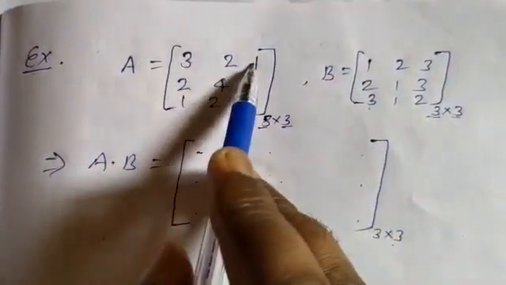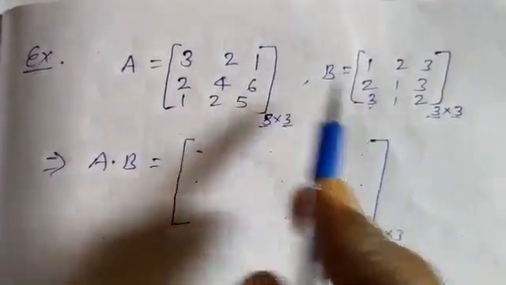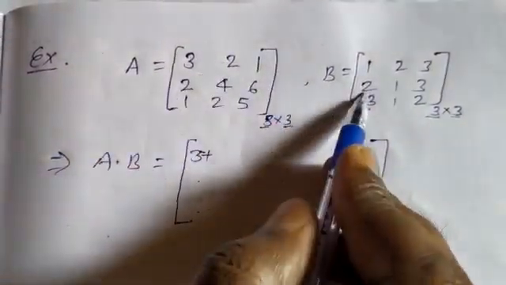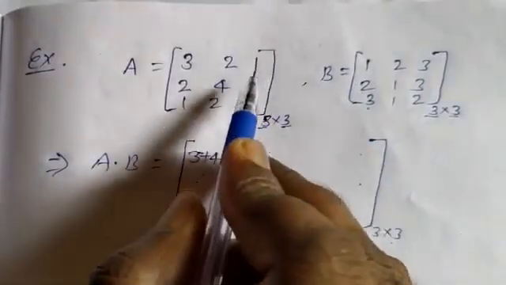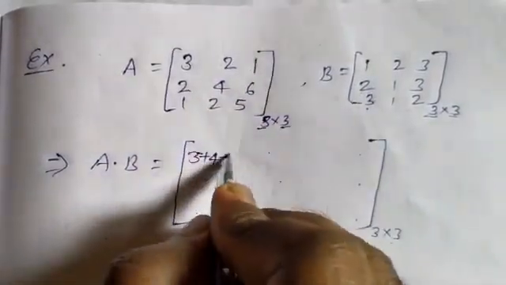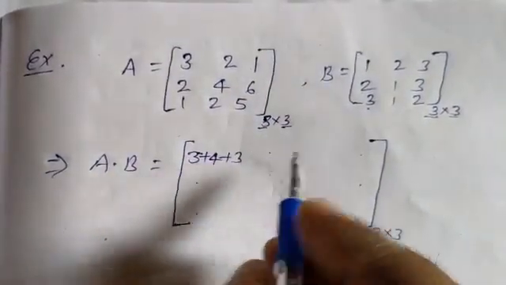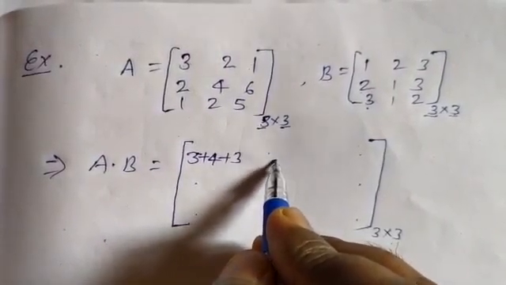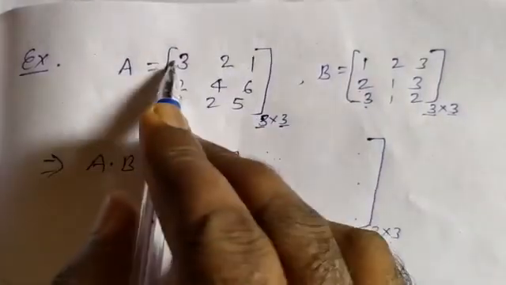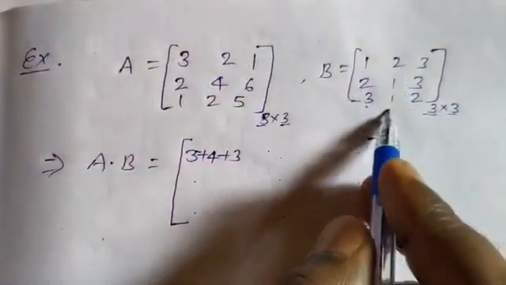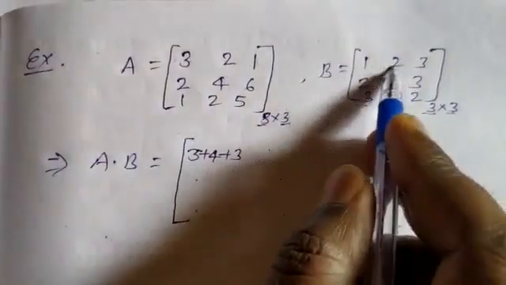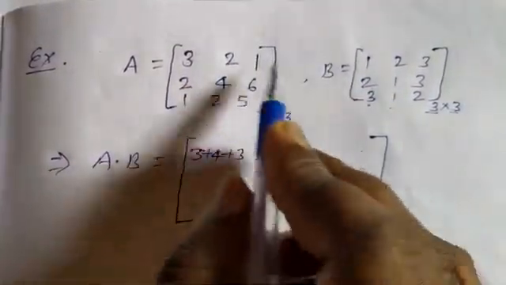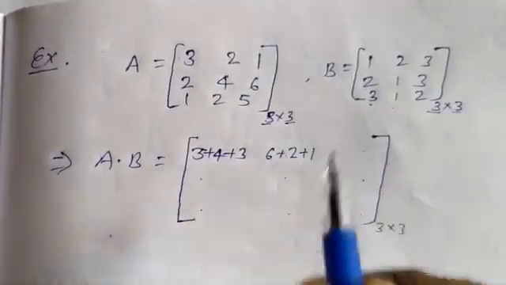To write this element we have to multiply first row with the first column. This first row 3, 2, 1 multiply with 1, 2, 3. 3 multiply with the 1, this will be 3, plus 2 multiply with this 2, 4, plus 1 multiply by 3, 3. Okay, to write this element of first row and second column, first row 3, 2, 1 and second column is 2, 1, 1. 3 multiply with the 2, this will be 6, plus 2 multiply with the 1, 2, and 1 multiply with the 1.